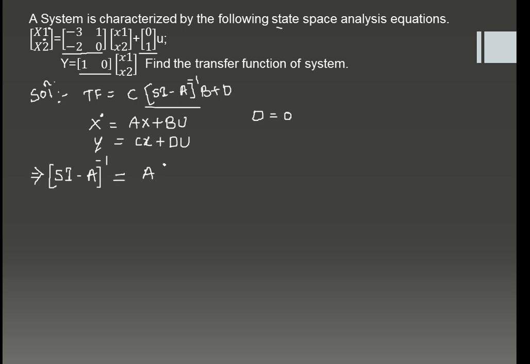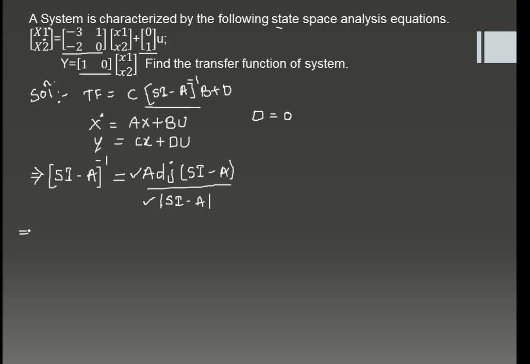So the adjoint of (SI minus A) divided by the determinant of (SI minus A). So first we have to find out SI minus A, after that we have to find the adjoint and the determinant of SI minus A.